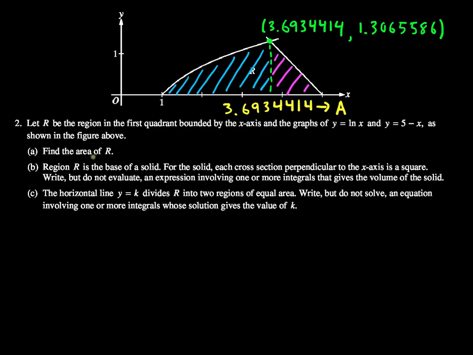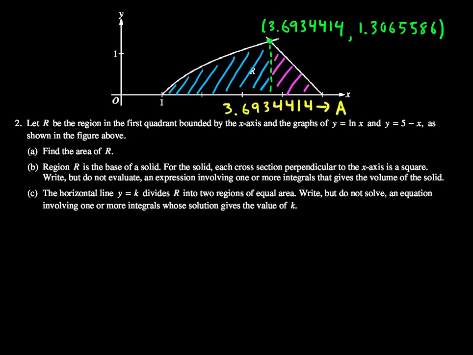Find the area of R. So I'm actually going to do two integrals. Area is equal to the integral from 1 to this a of the natural log of x dx, because that's what defines the top of our first region, plus, and then the second region, integral from a over to 5 of the function here.